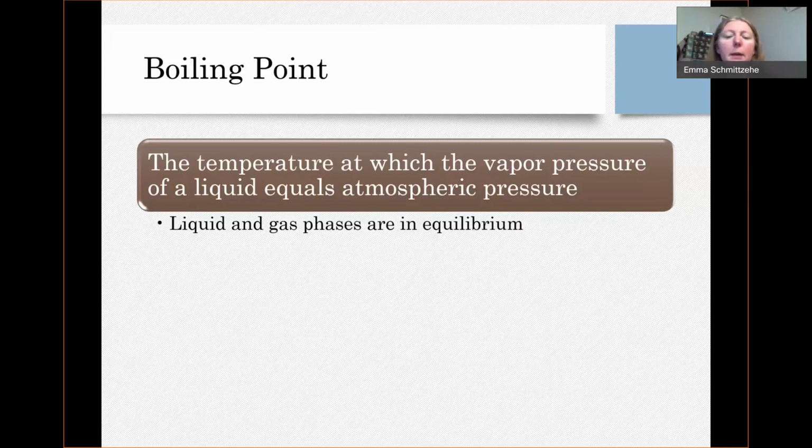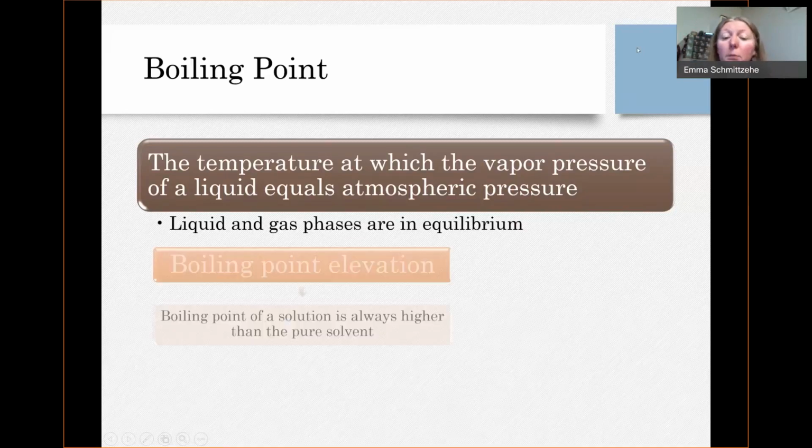They can freely escape. That's why those phases are in equilibrium. But boiling point is another colligative property. Boiling point actually elevates or increases when solute particles are added. So the boiling point of a solution is always higher than the pure solvent.